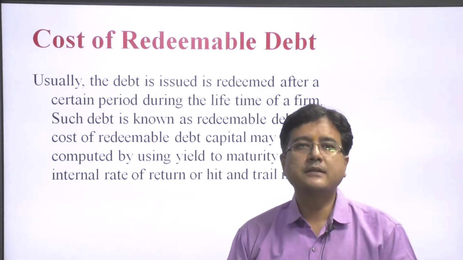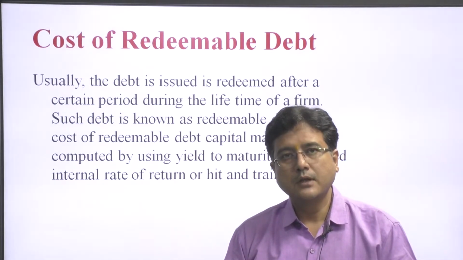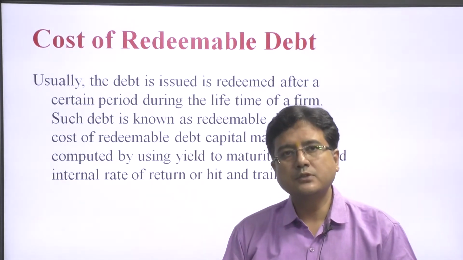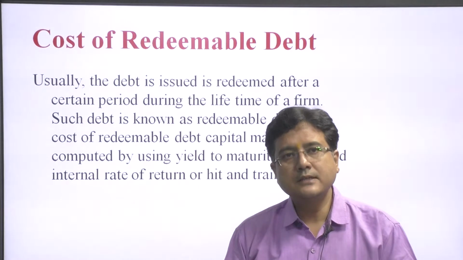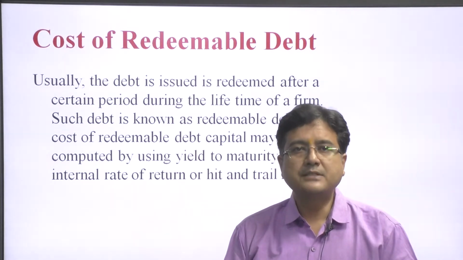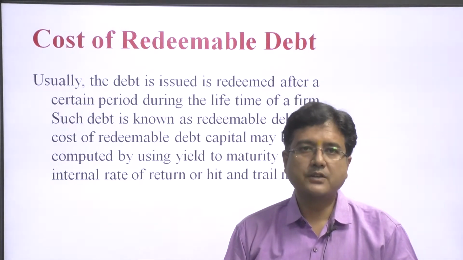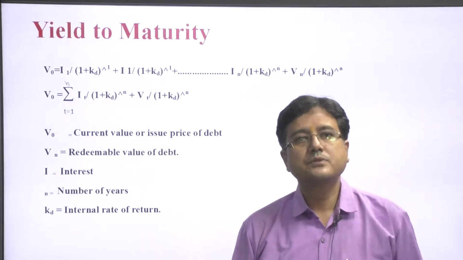Basically, we can calculate the cost of redeemable debt by hit and trial or yield to maturity method. And there is one more method, a shortcut method, which I will also explain, to compute the cost of debenture. The yield to maturity method is a little bit longer. It is based on present value factors. So, let us start.